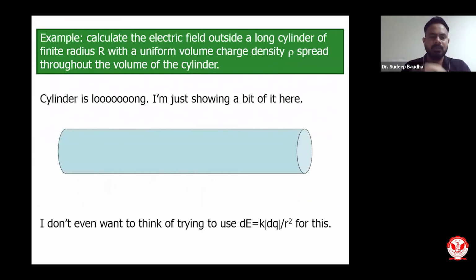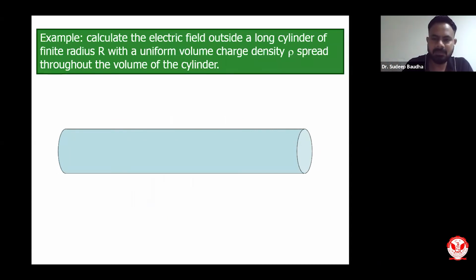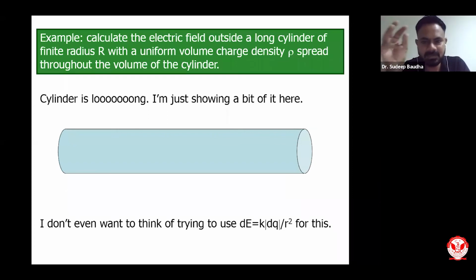Right. So as I was saying, we have to calculate the electric field outside a long cylinder. Long cylinder means I'm talking about an infinitely long cylinder, and we have a particular radius of the cylinder, that is R. Now if you want to calculate electric field, if you recall, we can do it by using dE equals K dQ upon r square.